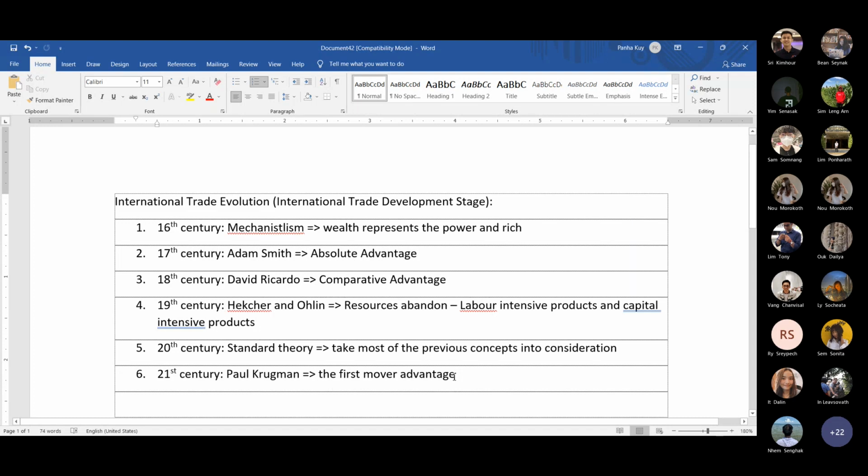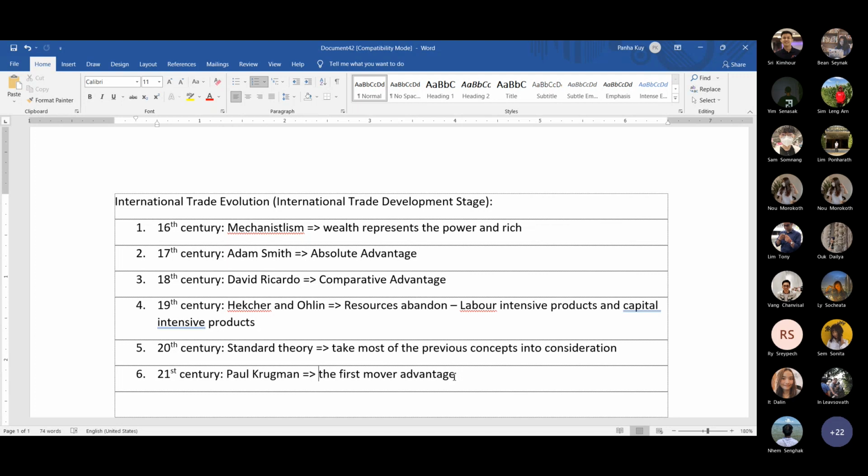And the last one is Paul Krugman. He's really famous, and he's really old now. He got the Nobel Prize in international economics, though I can't remember the year.